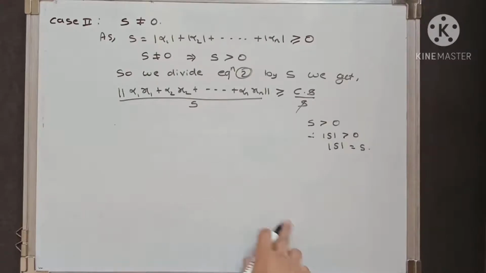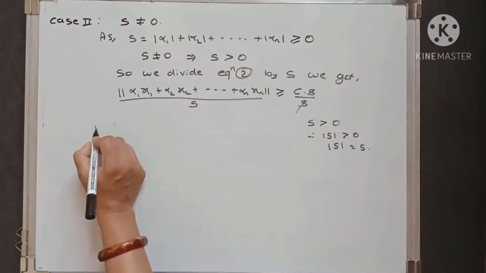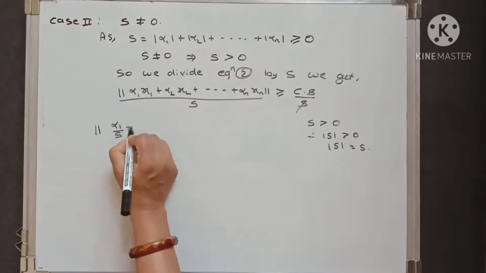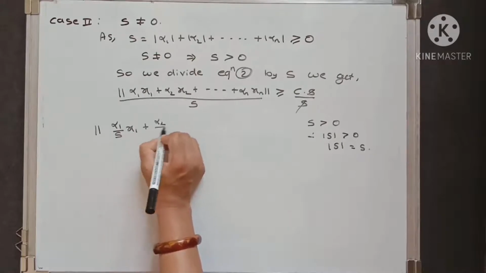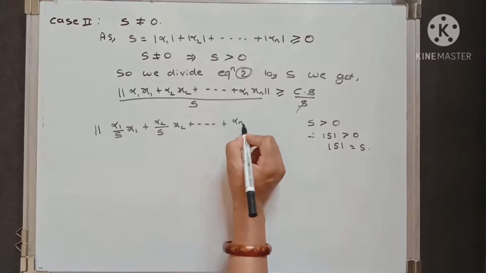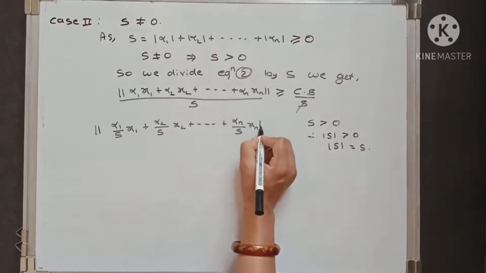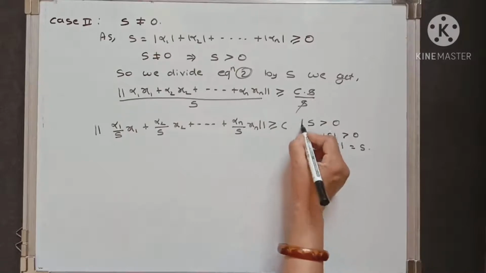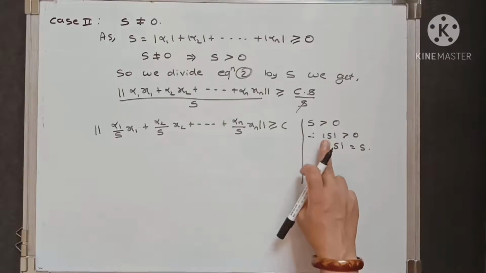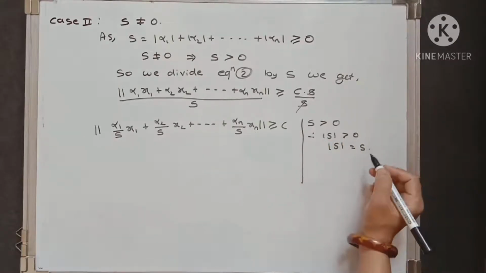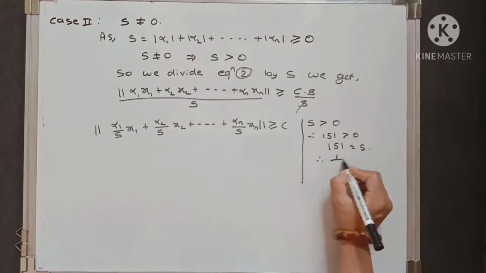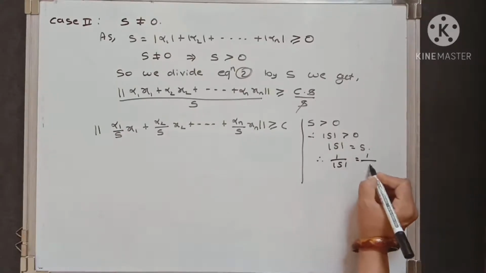Therefore this is written as norm of alpha 1 by s into x1 plus alpha 2 by s into x2 up to alpha n by s into xn, that is greater than or equal to c. Because as we are taking s greater than 0, mod of s equals s, and therefore 1 divided by mod of s is also 1 divided by s.